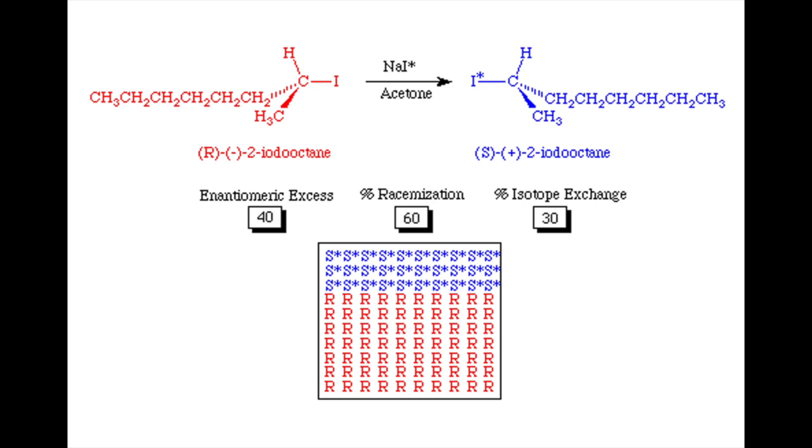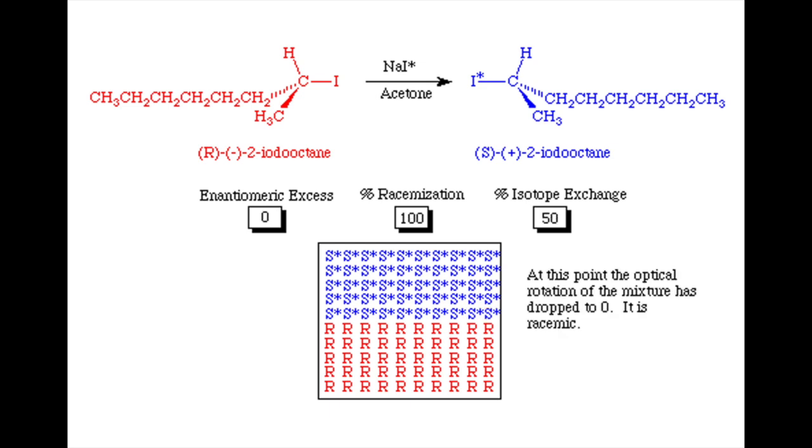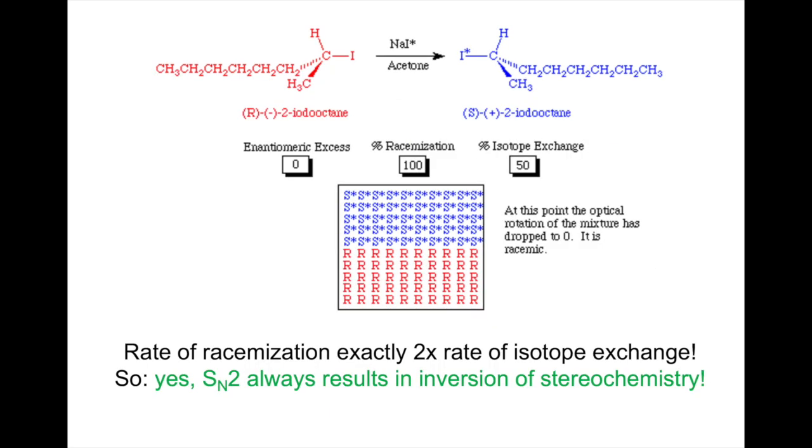Because every time I flip one from R to S, I make a racemic pair of an R and S. So halfway through, now we have exchanged half of our normal iodide with our radioactive iodide, and we've made a completely racemic mixture. And if you follow the rates of those reactions, and they did, they saw that the rate of racemization was exactly twice the rate of isotope exchange.